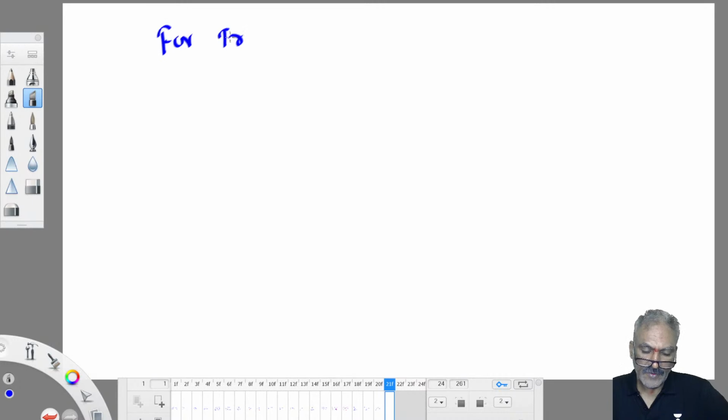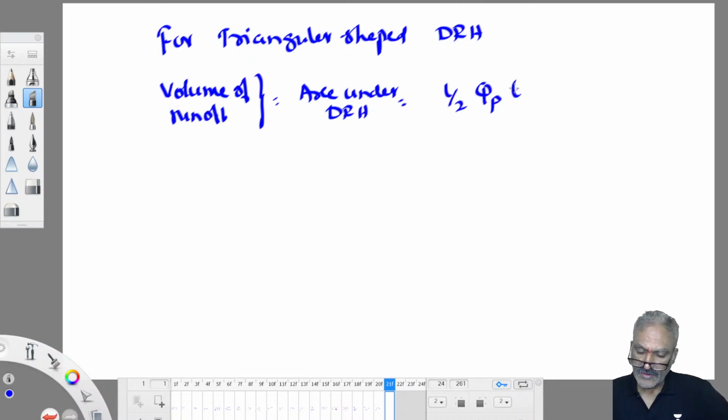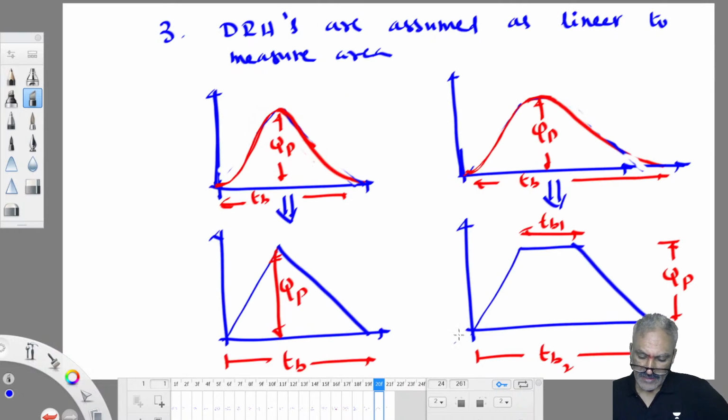For triangular shaped direct runoff hydrographs, volume of runoff is equal to area under the direct runoff hydrograph, which is equal to half into QP into TB. Half base into height, the triangular area under the curve, is idealized. Actually it is this one only. So this is treated like this.